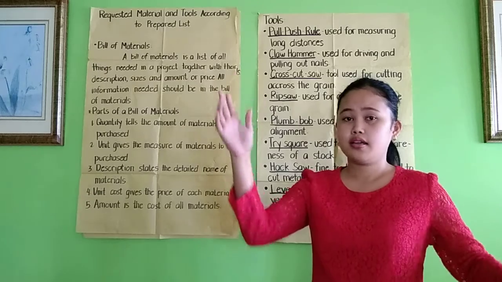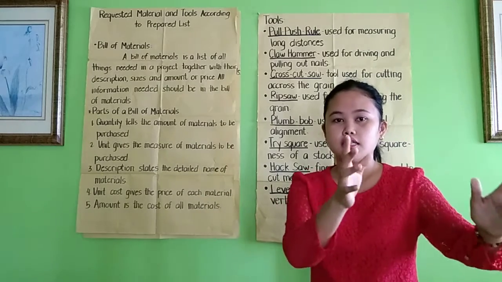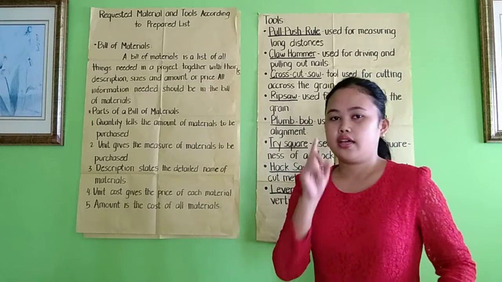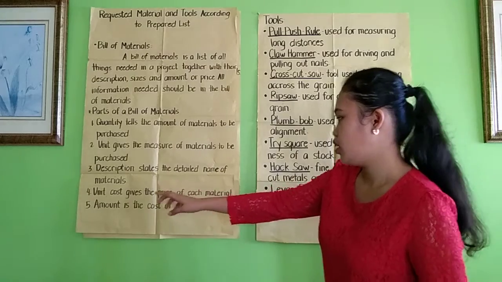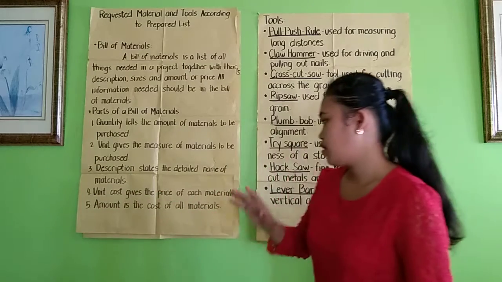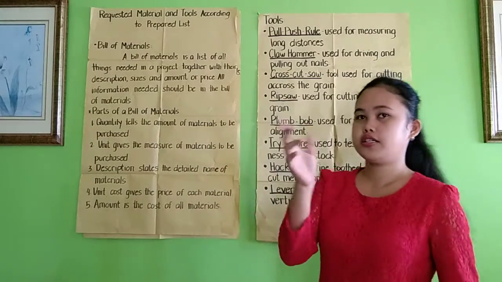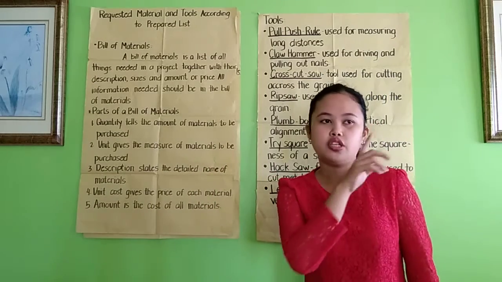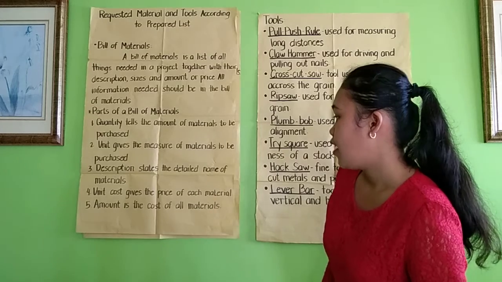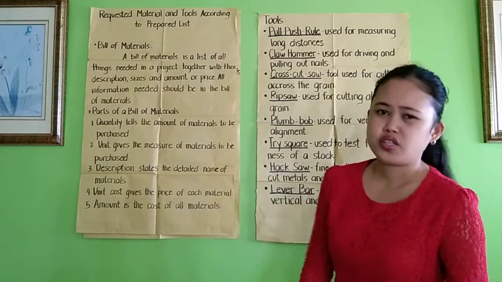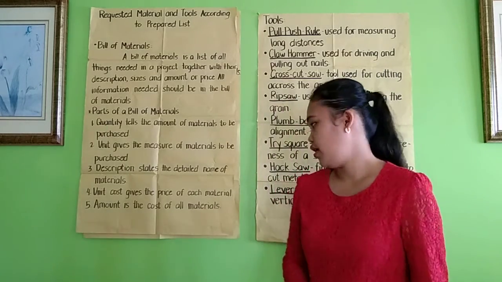So as I have said, unit cost means the cost of 1 kilo of nails. So the cost of each unit of material. Amount is the cost of all materials. So total amount is the cost of all materials.